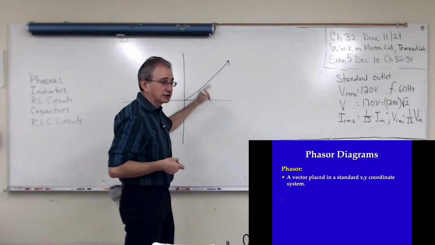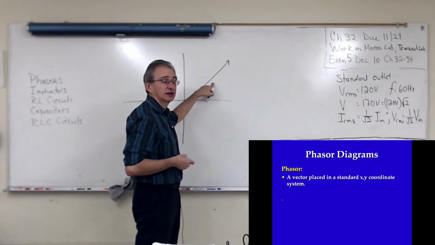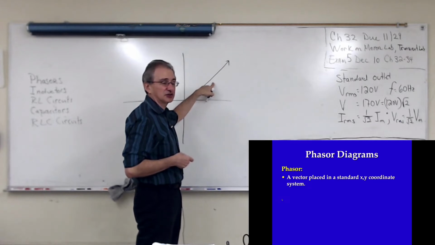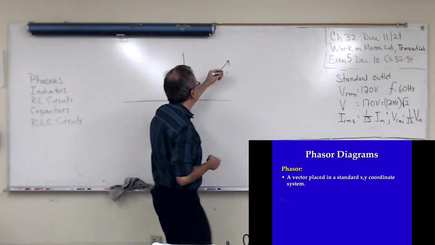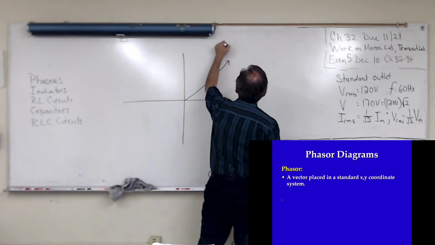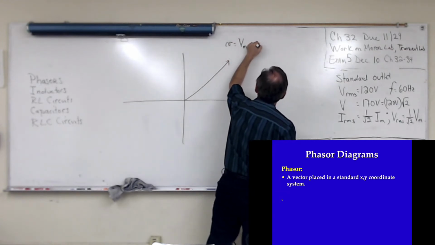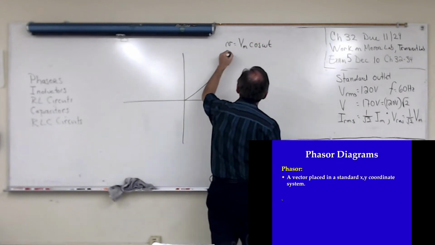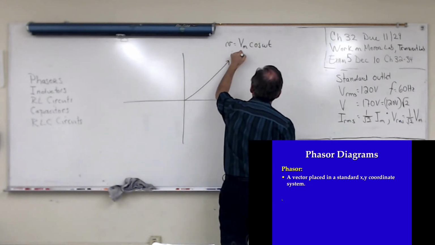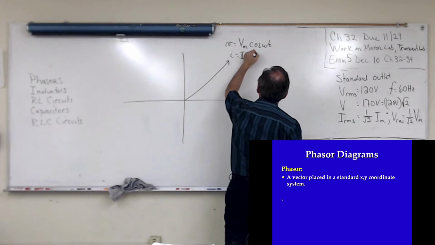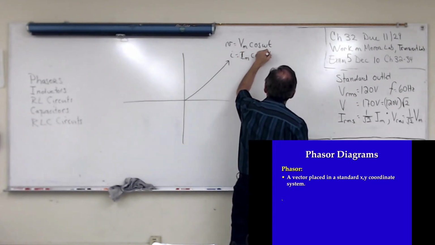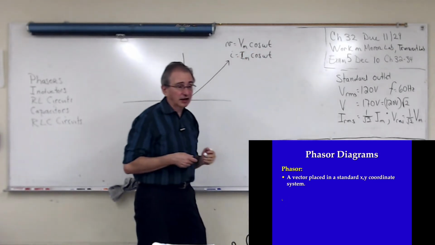This vector can represent any physical quantity that varies sinusoidally with time. So, for example, this guy or this guy. In our case, it's going to be that.